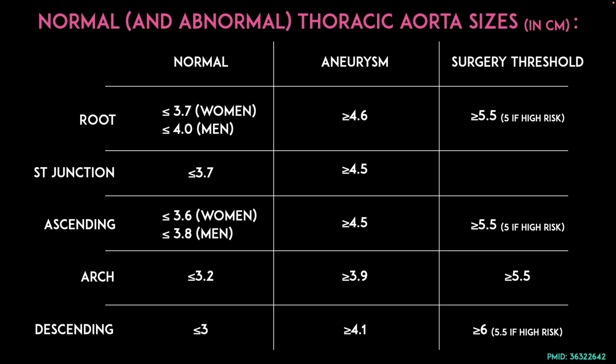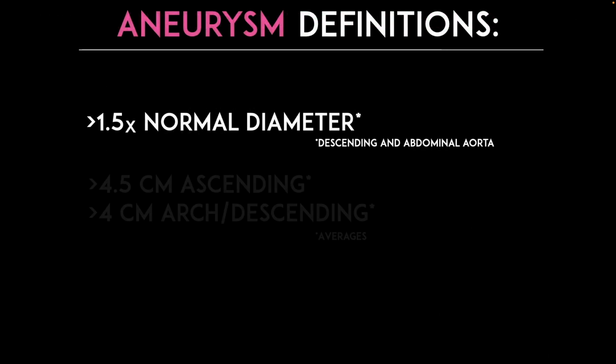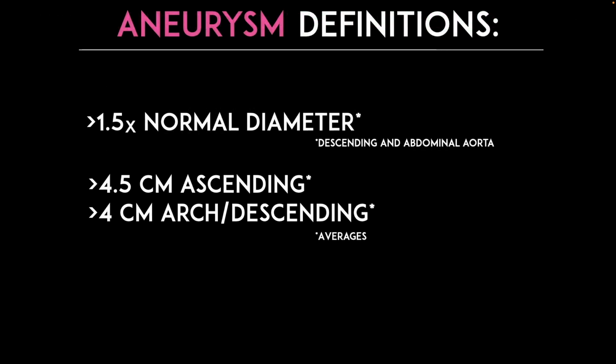As a whole, the way that I think about this is this is the overall definition, and these numbers are essentially average, right? The closer you get to the heart itself, the bigger it normally is. So 4.5, then 4, and then 3 down below the diaphragm, essentially.